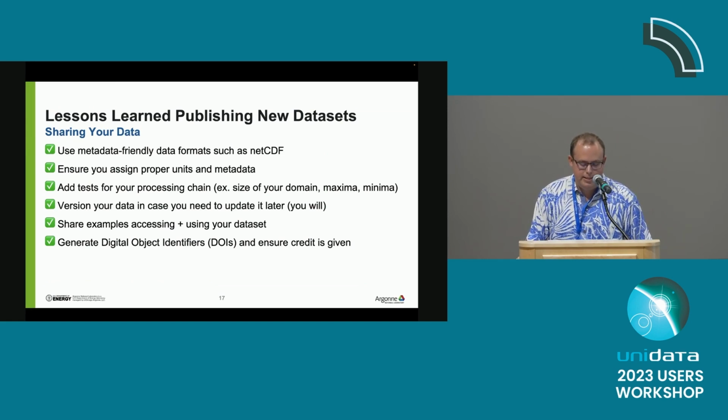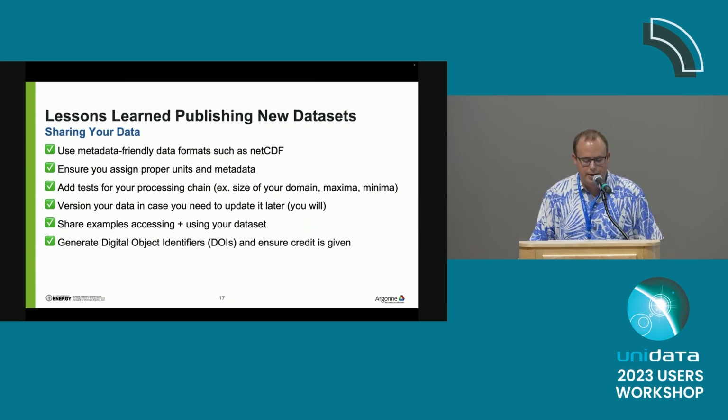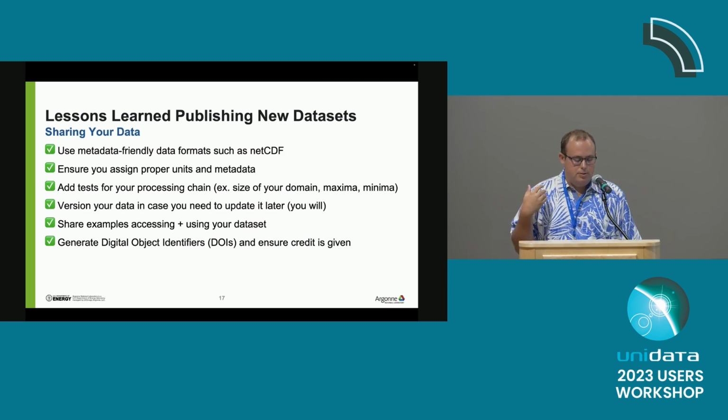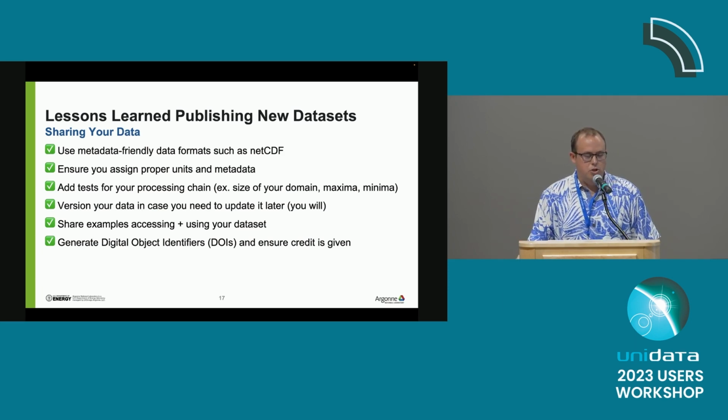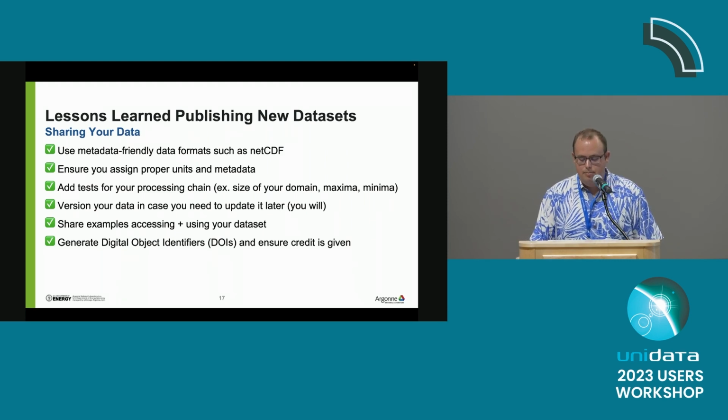Share examples accessing and using your data set. Like we did with that previous example using some of the SAIL data, it's important to share your examples and show people how to work with the data, so that they can jump right in, get started, and really dig into the analysis without having to reinvent the wheel. And then DOIs are always super important, and offer a way of giving credit.